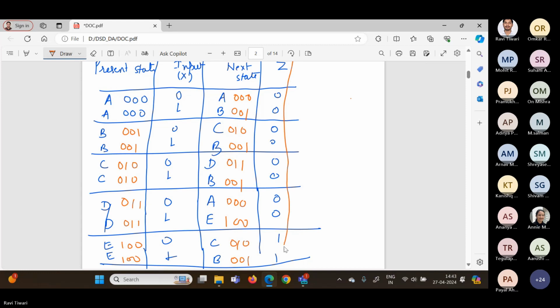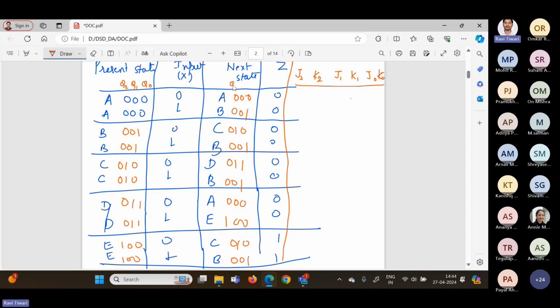So here we require the value of J2, K2, J1, K1, J0, K0. That many values we require. And how to find out this one? Assume this is Q2, this is Q1, this is Q0.